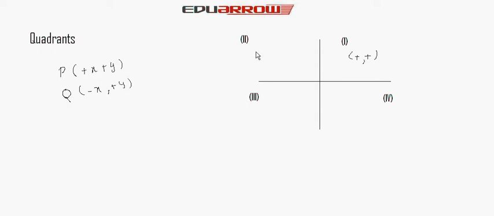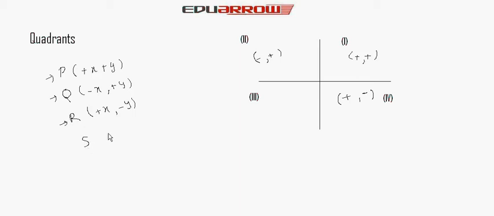The fourth one is R, which has plus x and minus y. This is the fourth quadrant, plus and minus sign. And the third quadrant contains the sign minus x and minus y. This comes into the third quadrant.